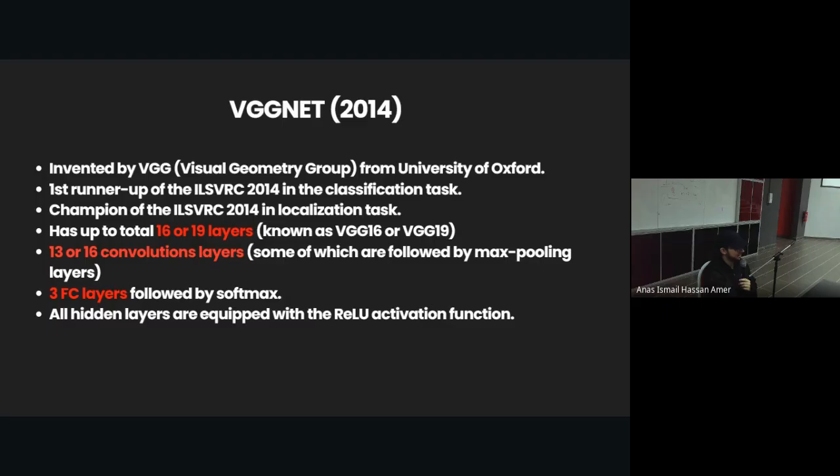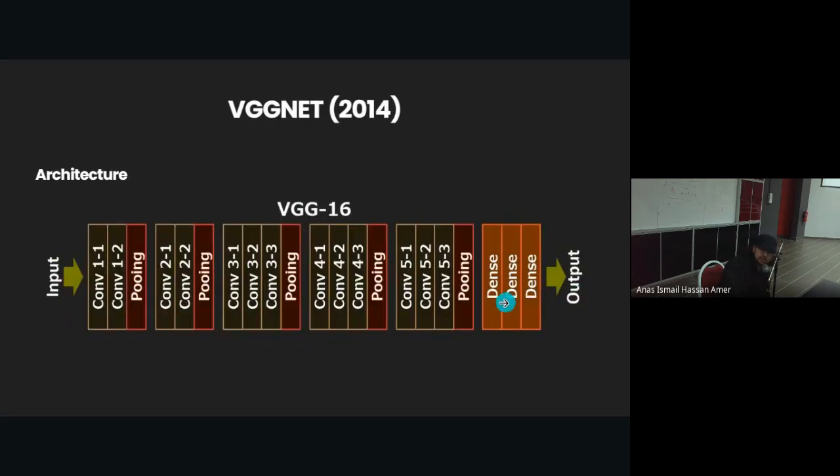The CNN model that we developed was just 3 convolutional blocks and then 2 fully connected layers. So this is much bigger. And then this is the architecture. So it is convolution 1, convolution 2, max pooling, convolution 2, and so on. So many convolutions. And then at the end, fully connected layers for the classification, of course.